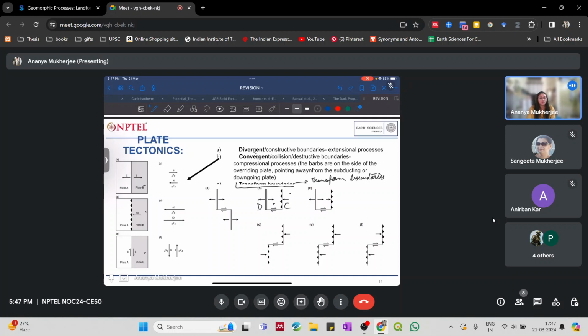Similarly over here the direction of convergence is changing. This is the overriding plate, so this is going on top of this plate. Over here this plate is going on top of this plate. This is how we can signify which plate is going on top and which is subducting under.